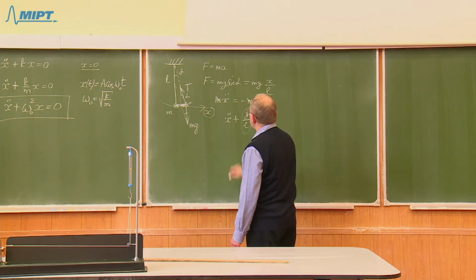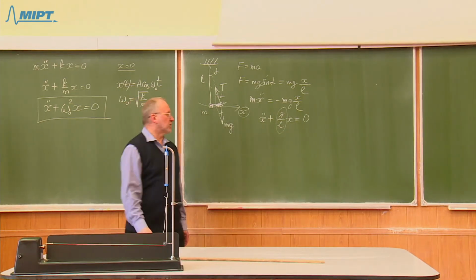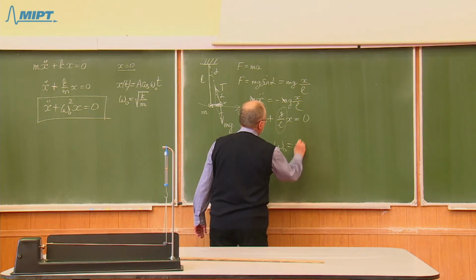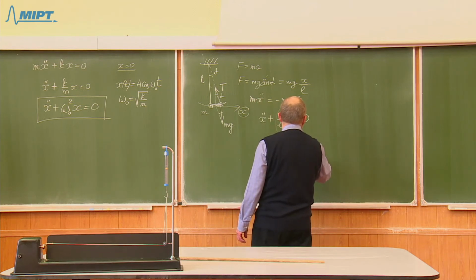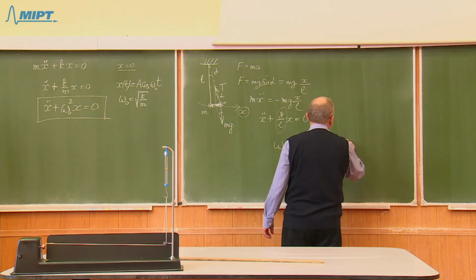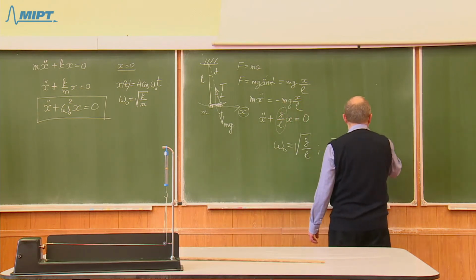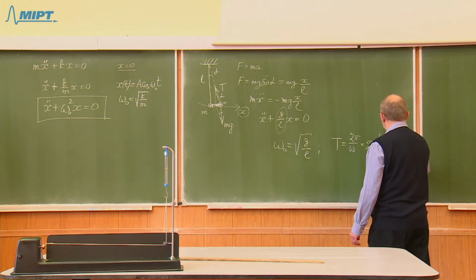So this coefficient gives us the square of the frequency, and the frequency of oscillations will be the square root of g divided by L, and the period of oscillations will be 2 pi divided by frequency. That will be 2 pi square root of L divided by g.